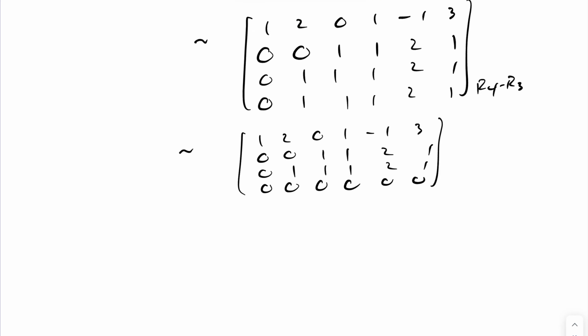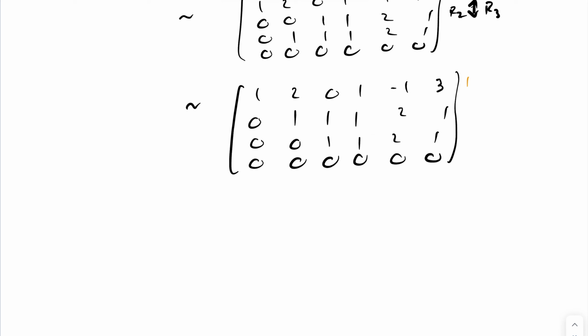Now I'm going to interchange row 2 with row 3. I want to make this entry here 0, so I'm going to take row 1 minus twice row 2, in which case this is unchanged.